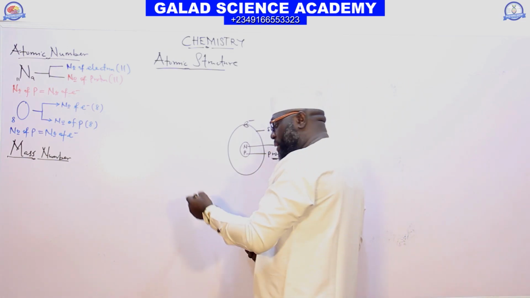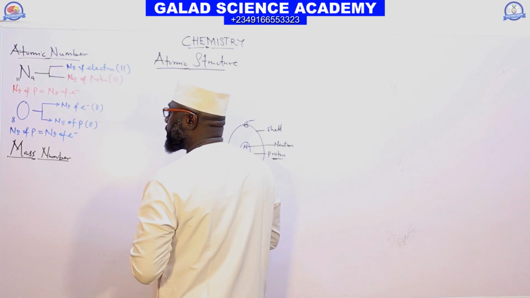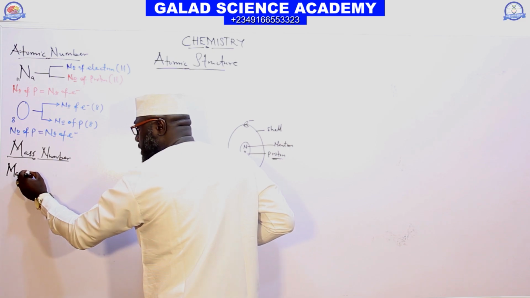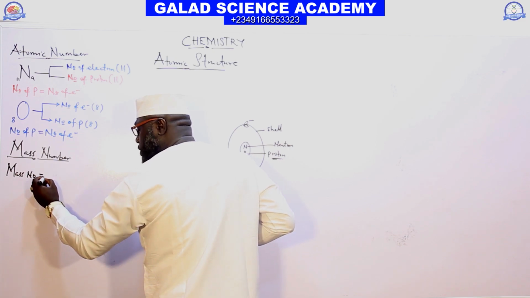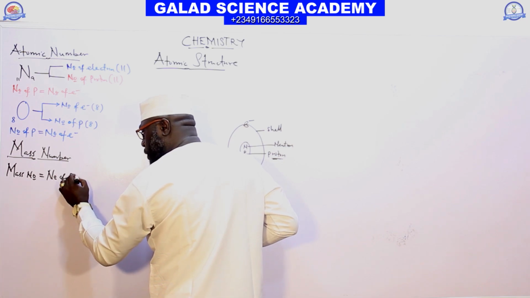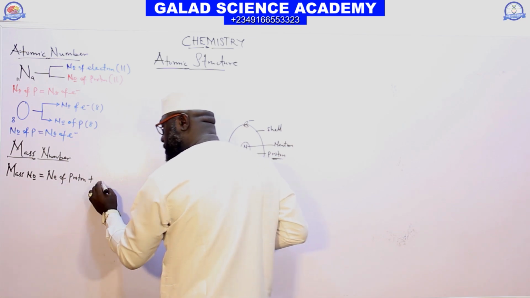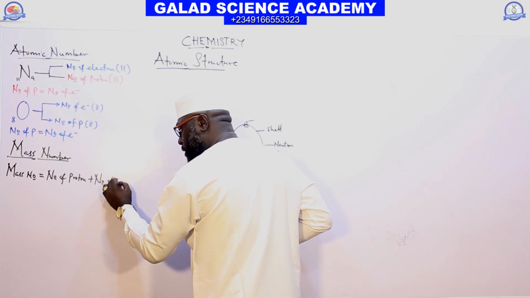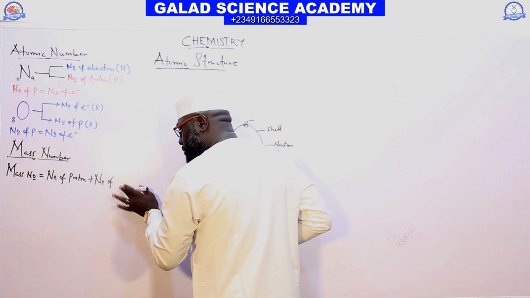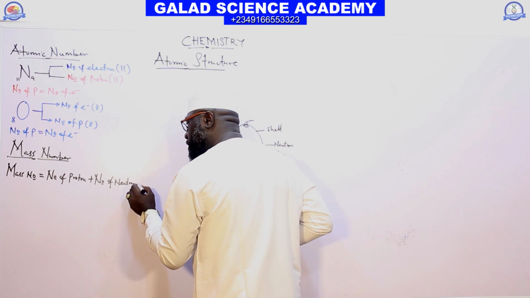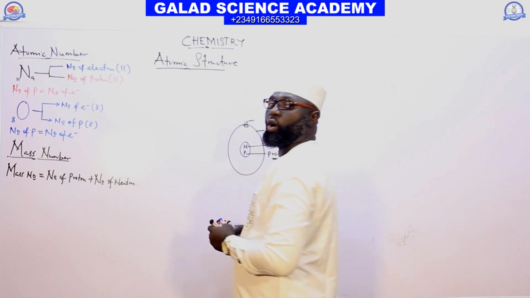So the mass number simply means the total number of protons plus the total number of neutrons in the nucleus of an atom.